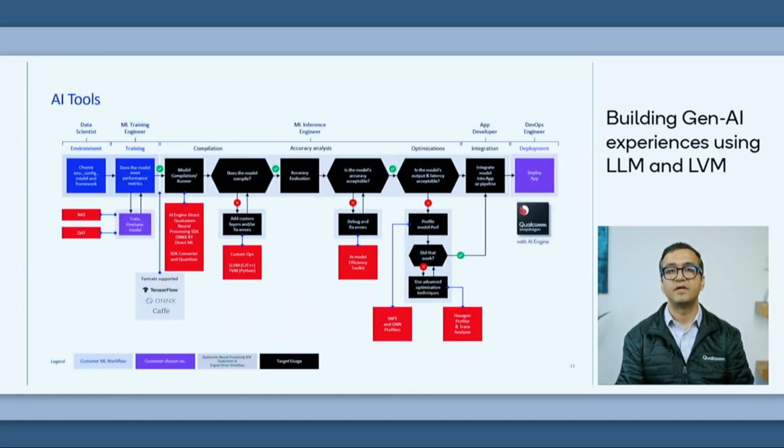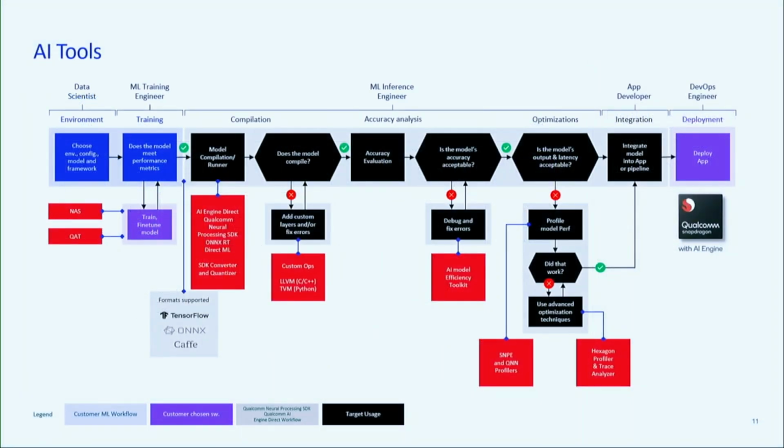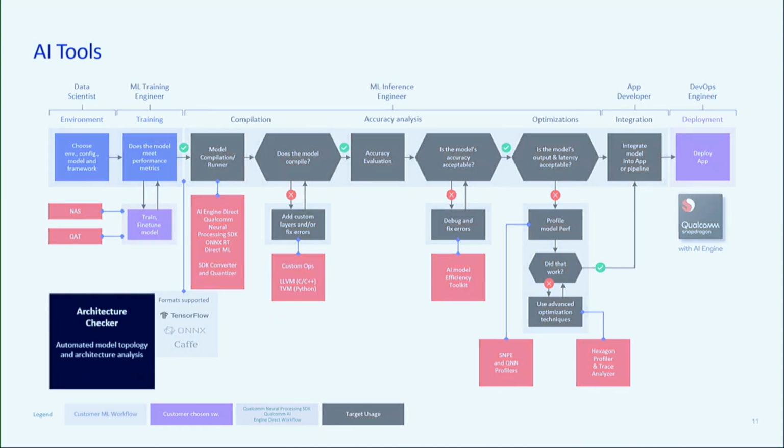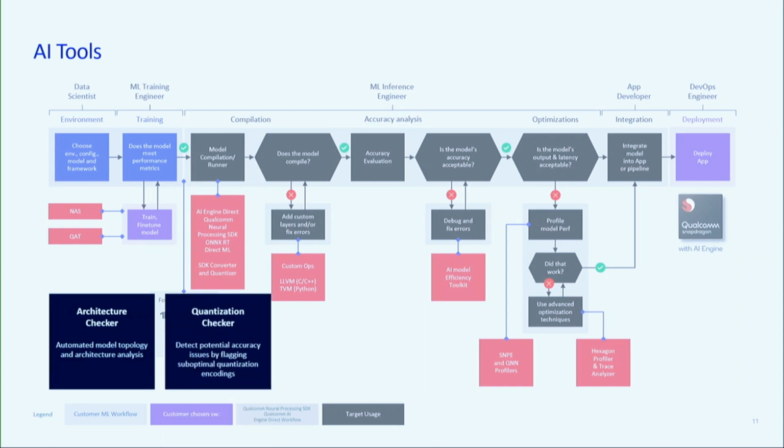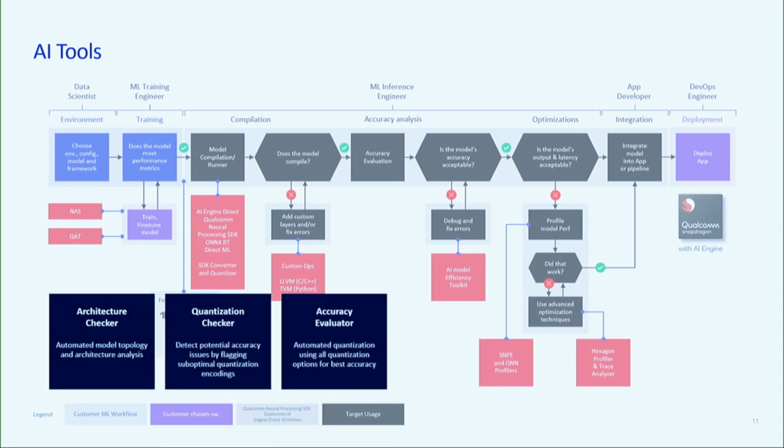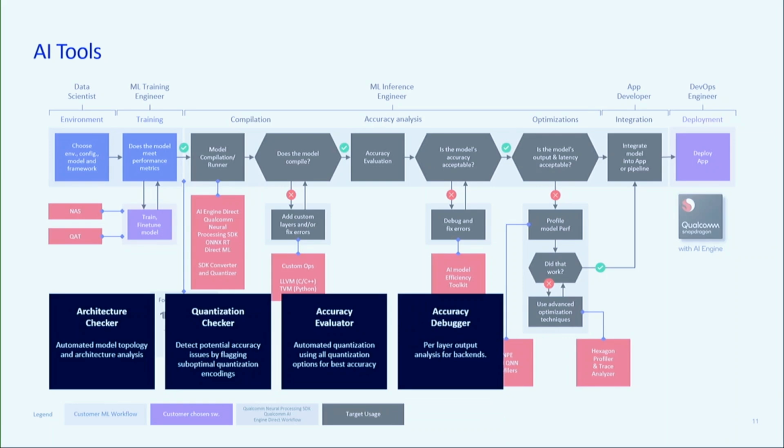Let's walk through the various tools we have created to support developers at each stage of app development. The model gets developed and trained by data scientists and machine learning engineers. For them, we have created tools like Architecture Checker, Quantization Checker, Accuracy Evaluator, and Accuracy Debugger. Architecture Checker helps analyze model topology to best fit our Hexagon NPU.